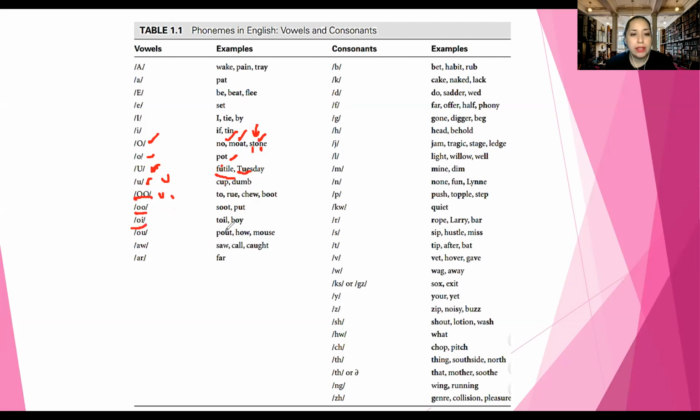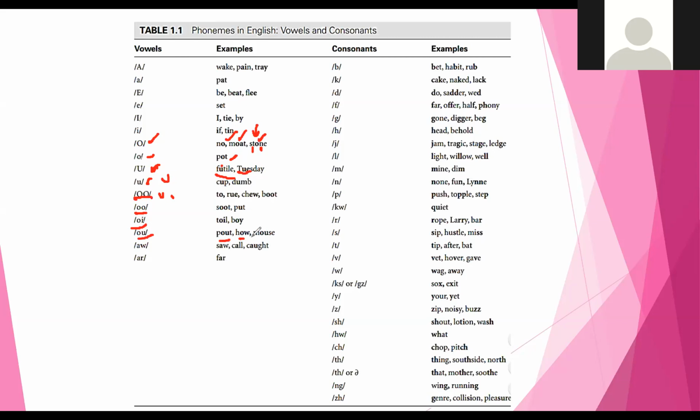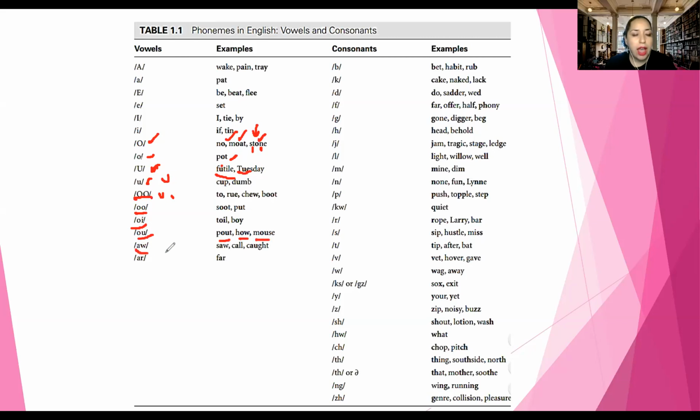O-I, hoy, boy. O-U, how, mouse. A-W is saw, call, caught. A-R, it will be R, far.